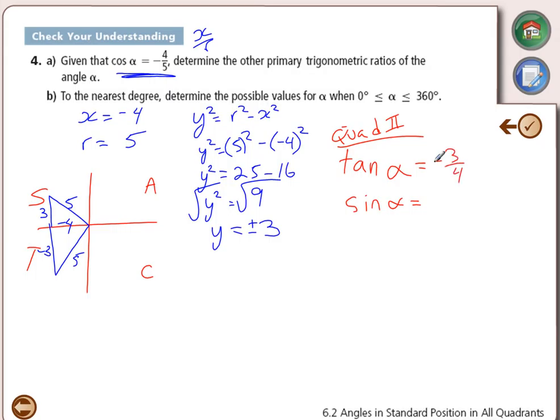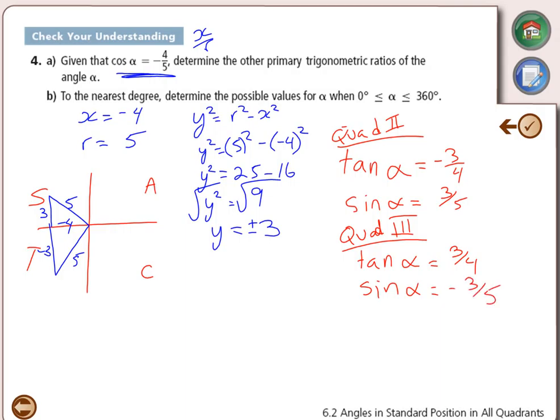And in quadrant 2, the sine is y over r. We've got 3 over 5. Then we've got quadrant 3. We do the same thing. We've got a tan and a sine. Tan in this case is going to be positive 3 over 4 because we've got a negative over a negative. And then we've got sine, which is going to be negative 3 over 5.